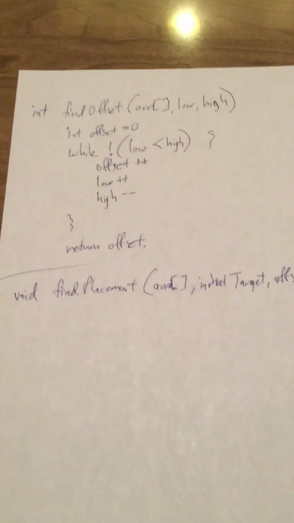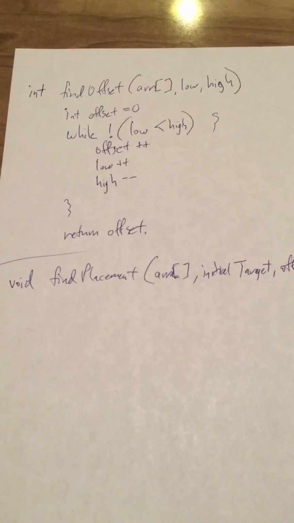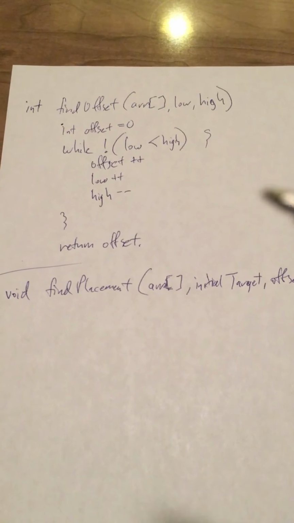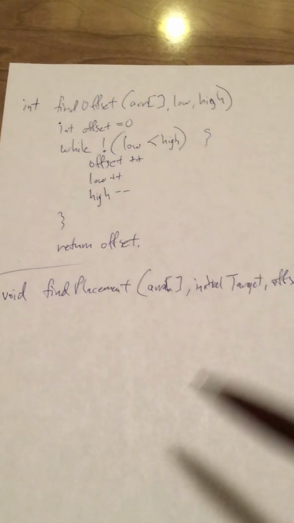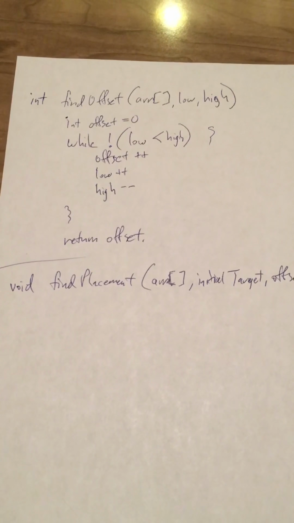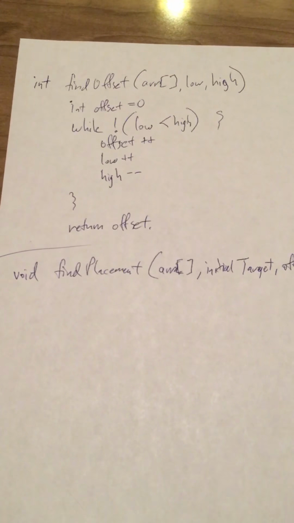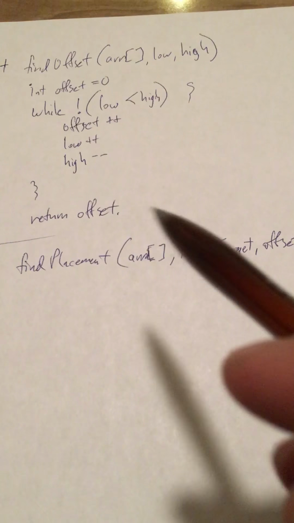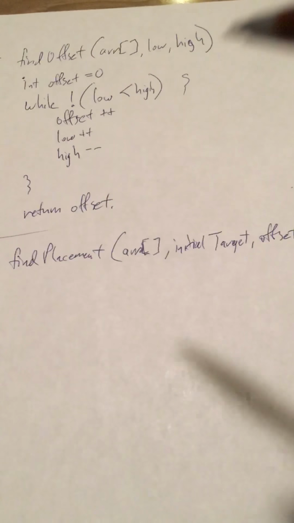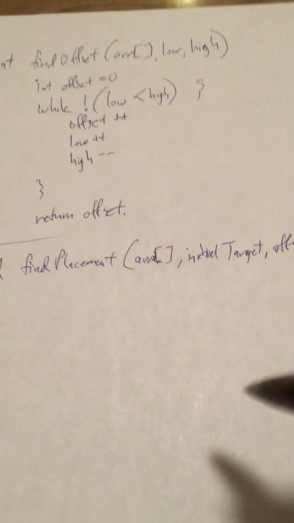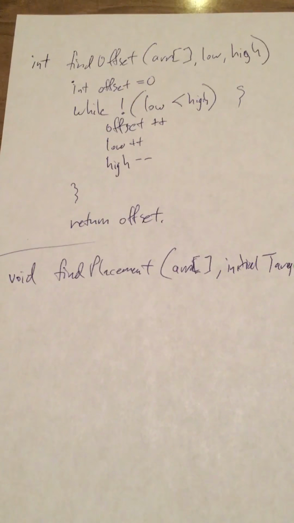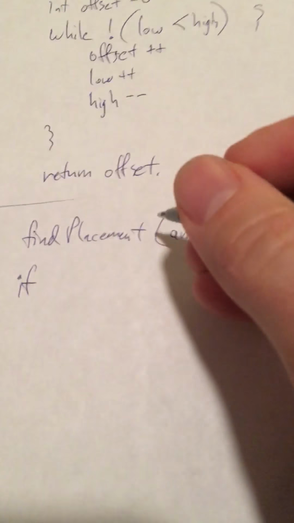So playing around with the numbers, I figured out that to find the placement, all you have to do is add the offset to your initial target. Well, actually, there's another step too. If offset plus your initial target ends up being more than or even equal to the length of the array, then you just have to subtract the array length because it's gone back to 0.